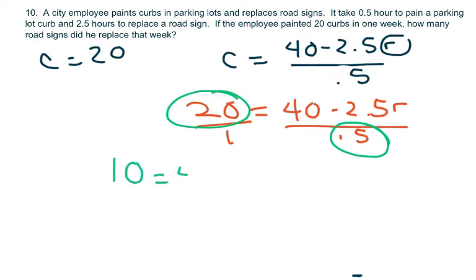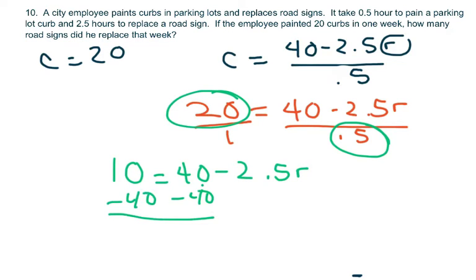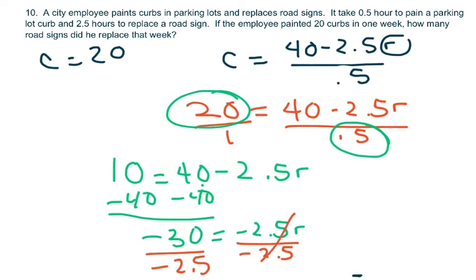You can use a calculator. Alright, I subtract 40 from both sides. So I get negative 30 equals negative 2.5R. And then I divide both sides by negative 2.5. And that goes away. So R equals, when I do it in the calculator, I get 12.